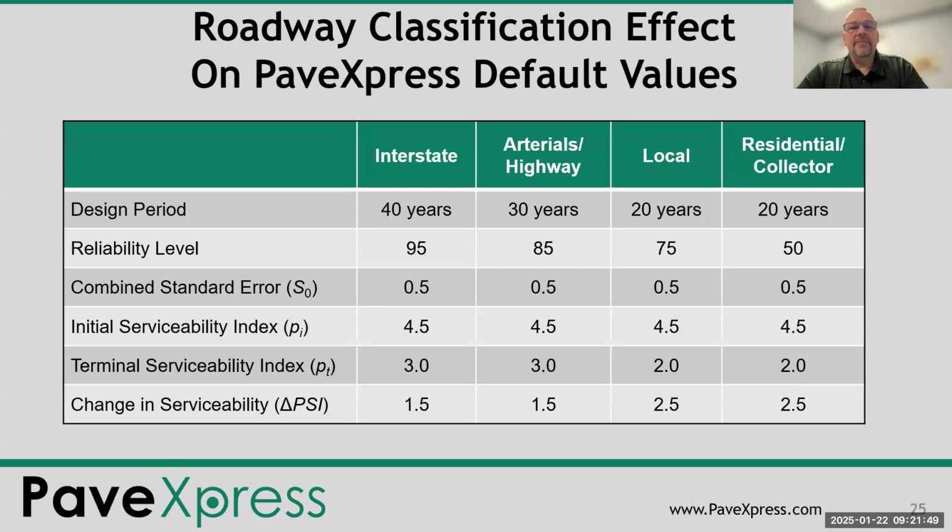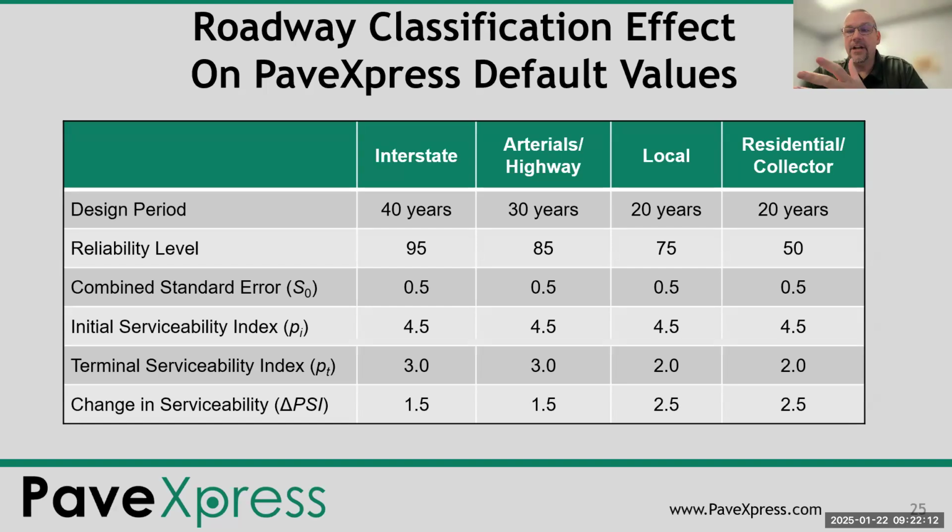So this table here kind of shows you the effect roadway classification has on the default values. If you select the interstate, your default design period is going to be 40. You're looking at a residential or collector, it's 20. And then you can see how the reliability level changes.